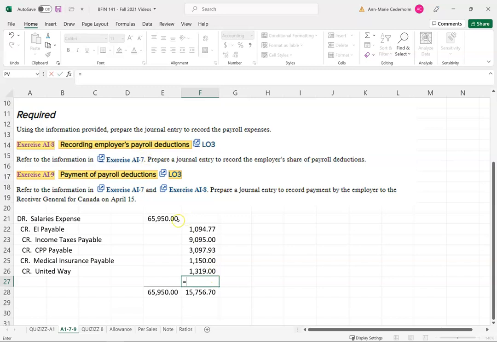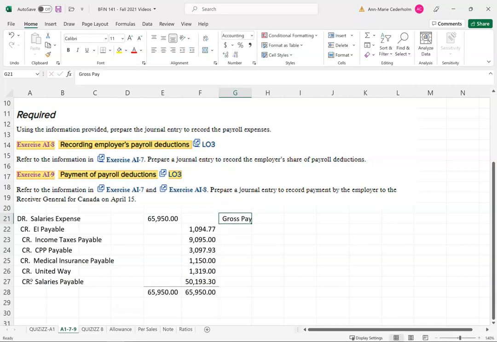So if I just subtract everything on the credit side from the debit side, that's going to balance out my journal entry. So that gives me 50193.30. And that's referred to as net pay. And this is the amount that I owe the employees. So this is gross pay. And then this is net pay.